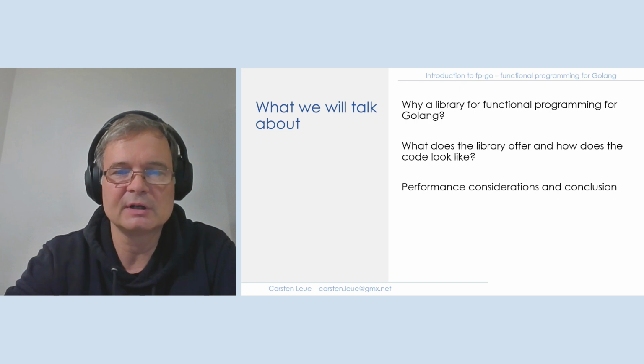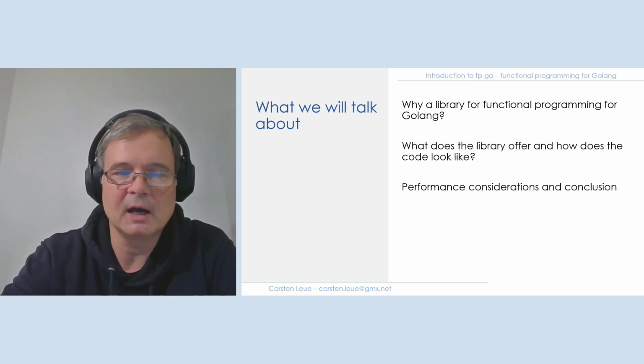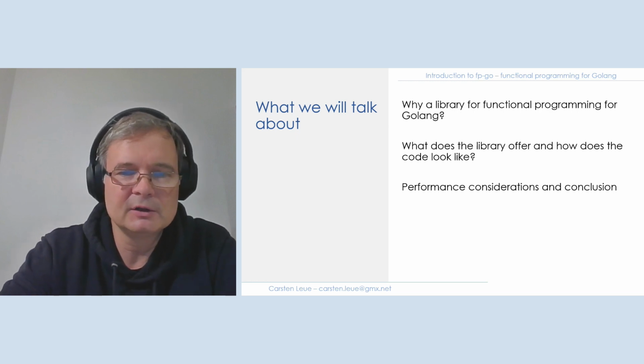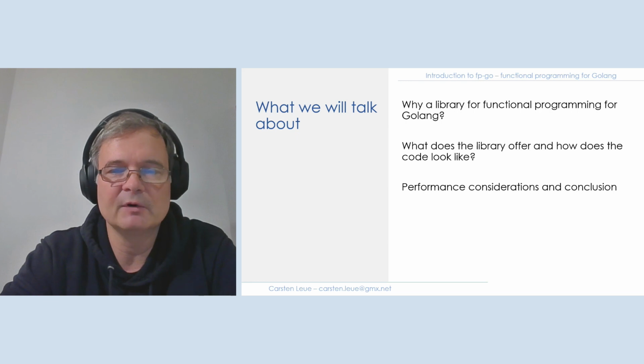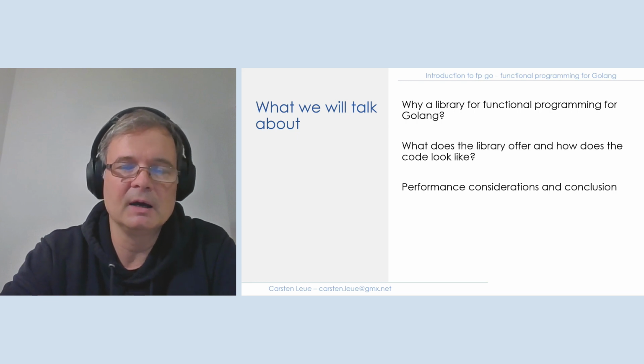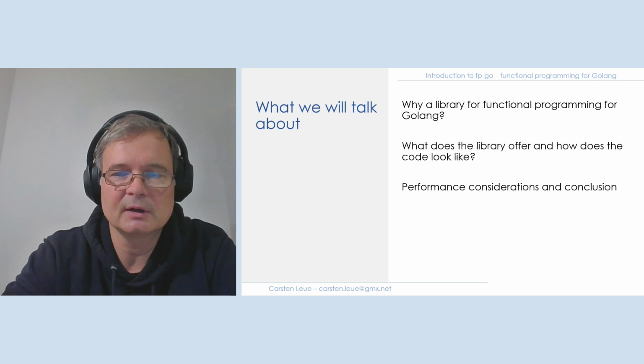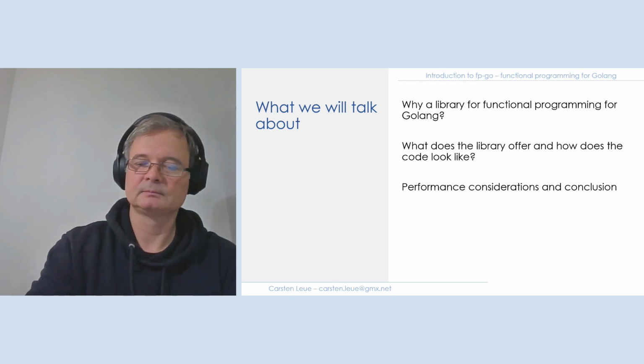I would like to concentrate on some of the aspects to give you some motivation to look at the library if you find this helpful. I would like to conclude my presentation with some performance considerations and a quick discussion on my view on whether it made sense to introduce this library, and a couple of thoughts about this.